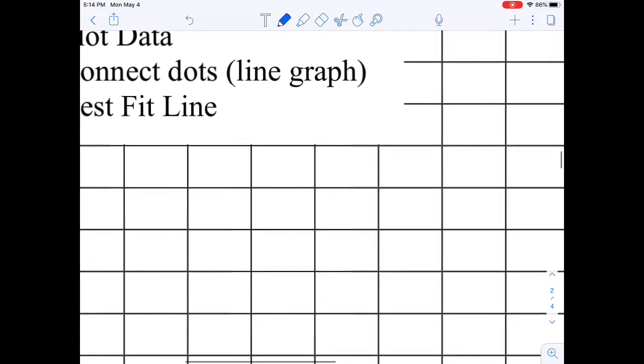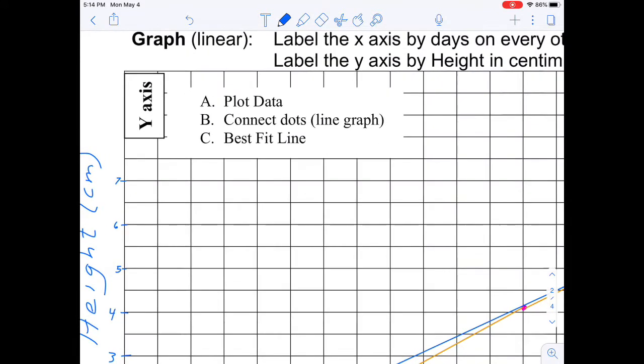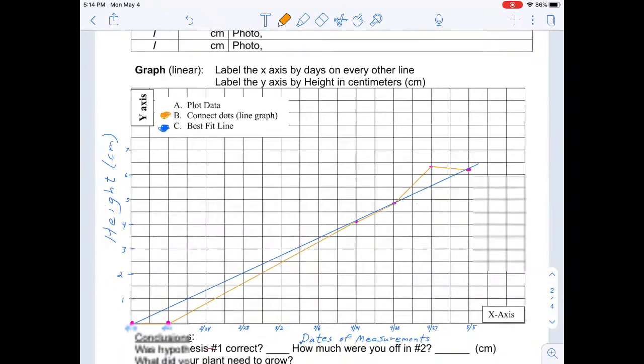And to label that, I'm going to put a blue dot next to it here. I also had an orange dot line that I made over here when I connected the dots. So I've got that color coded to help me identify which line is which.